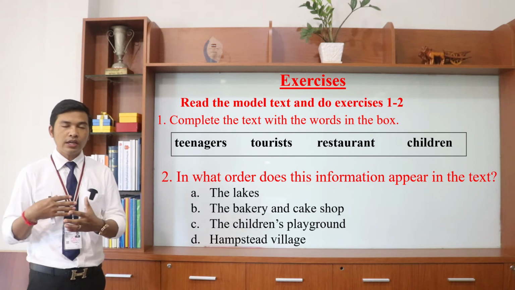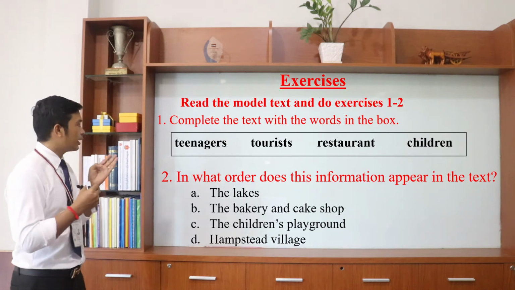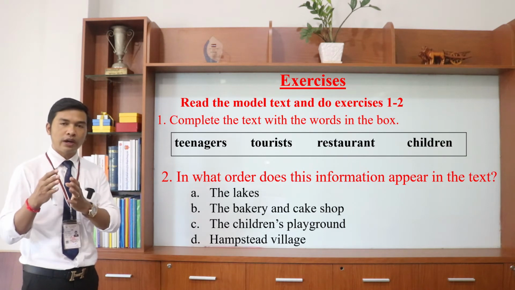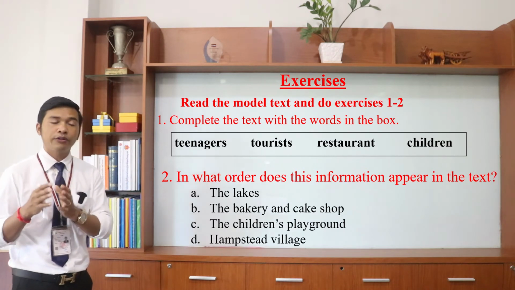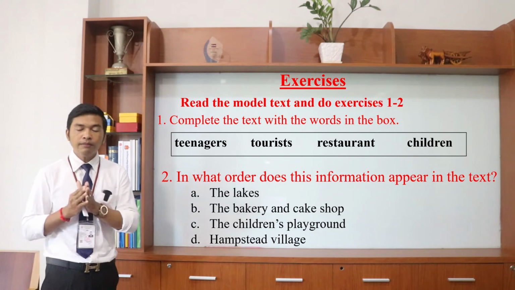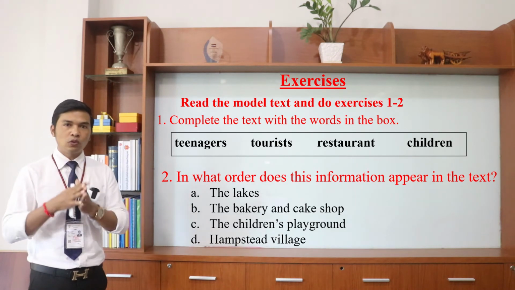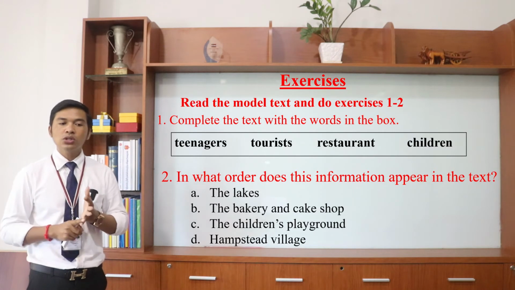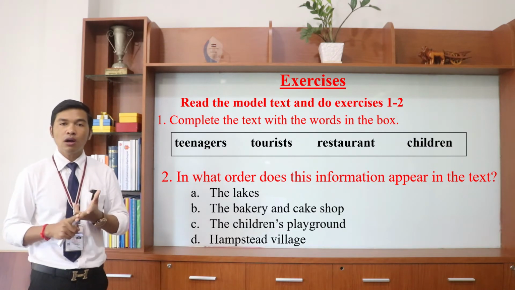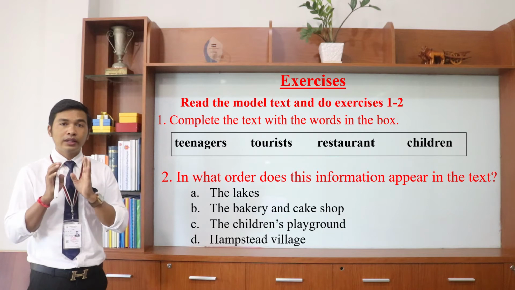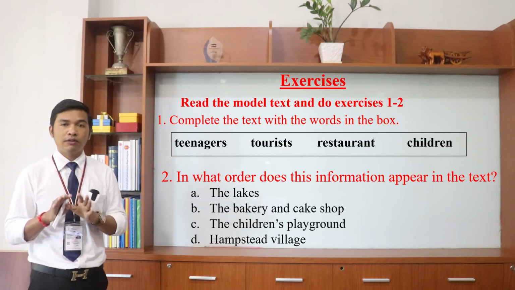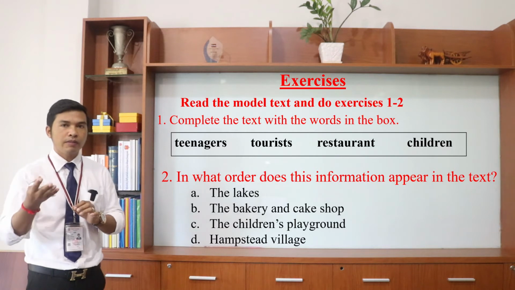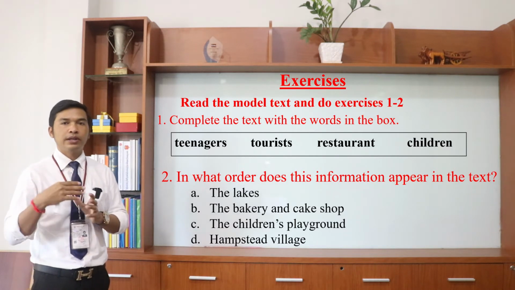Before reading the text, I want you to look at the two exercises here and please remember what you are going to do while you are reading. Exercise number 1, read the model text and complete the words in the box. There are 4 words to complete: teenagers, tourists, restaurant, and children. So there are 4 spaces in our reading text, and while you are reading, you have to think about what words should be completed in each space.